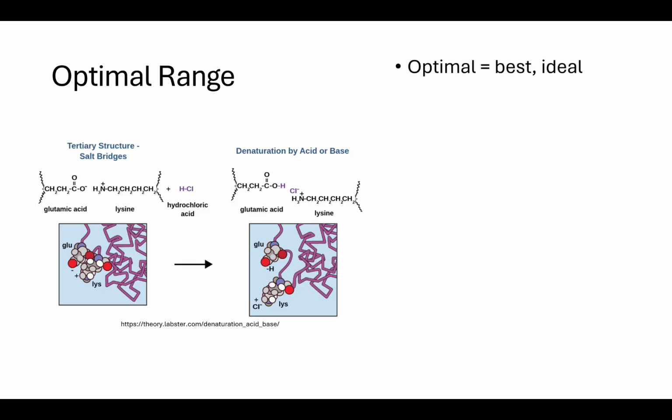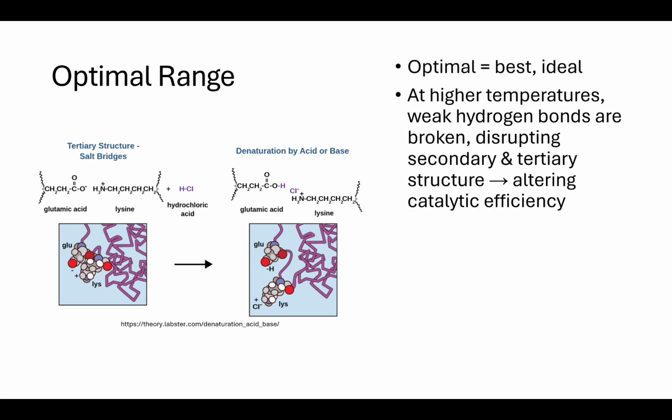So, we're going to talk about the optimal range of some of these environmental factors we were talking about. Optimal means best or ideal. So, the optimal range is the one in which the enzyme is going to function best. So, what affects this?